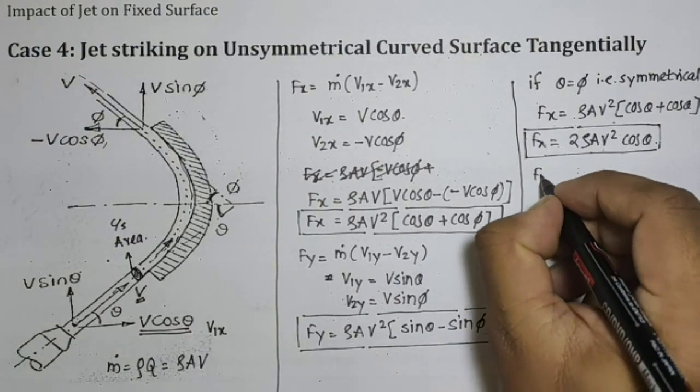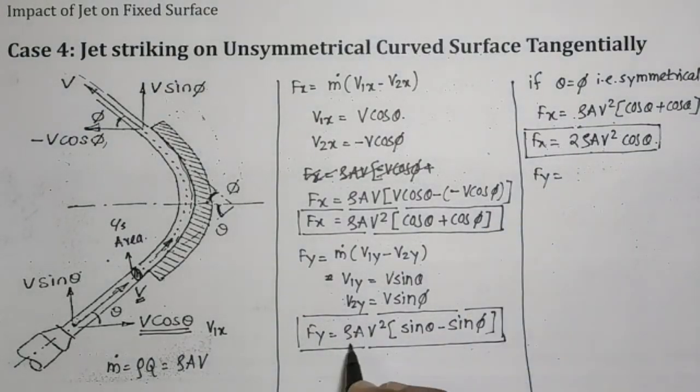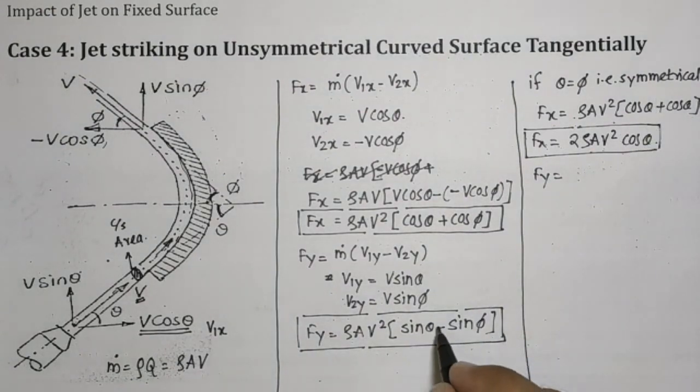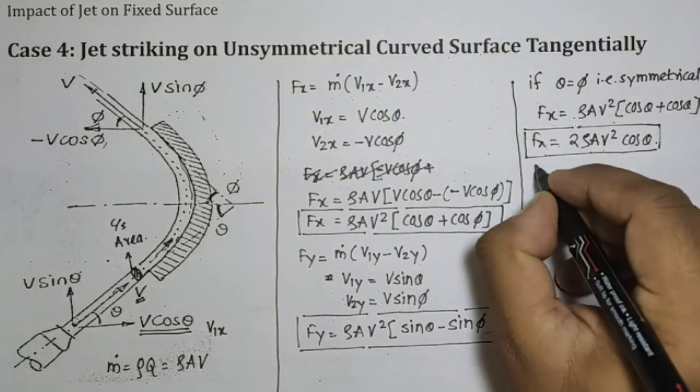Fy is equal to rho a v square in bracket sin theta minus sin phi, and if theta and phi are the same, they cancel each other and the whole value becomes 0.